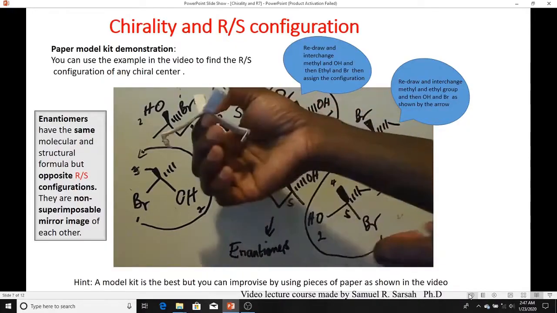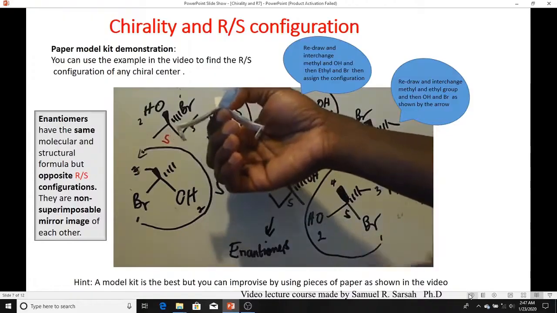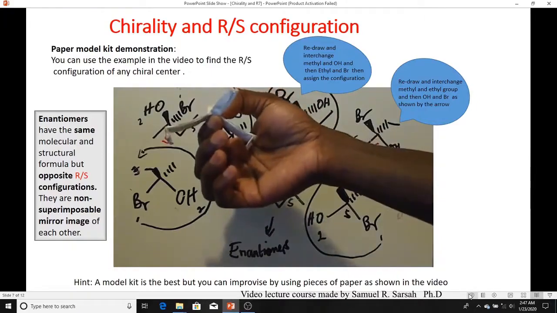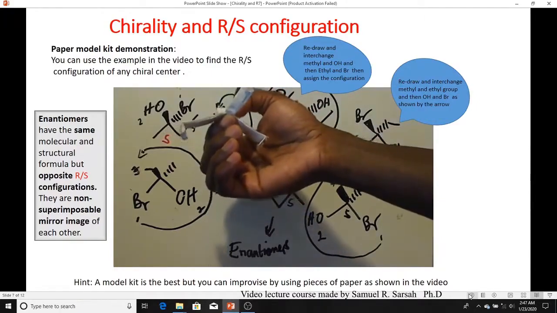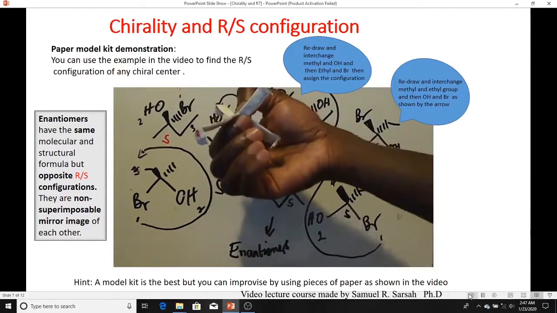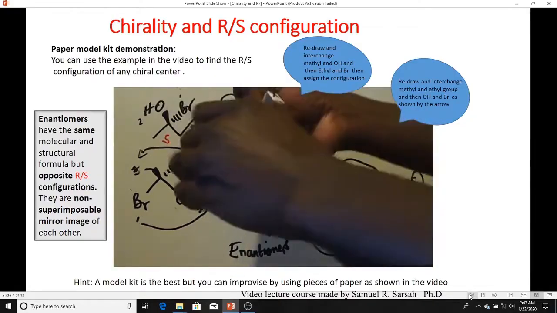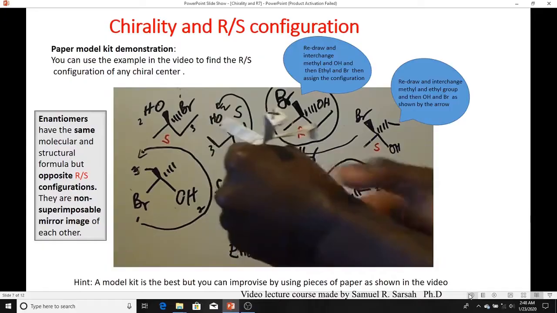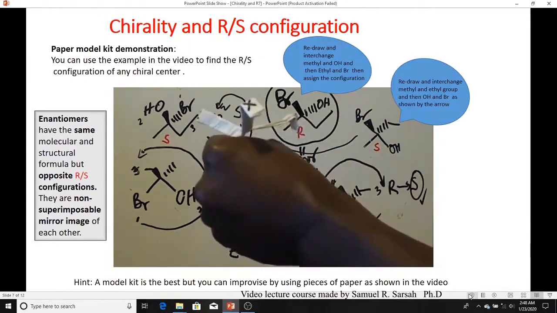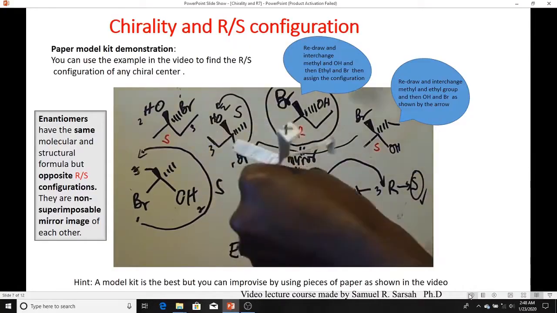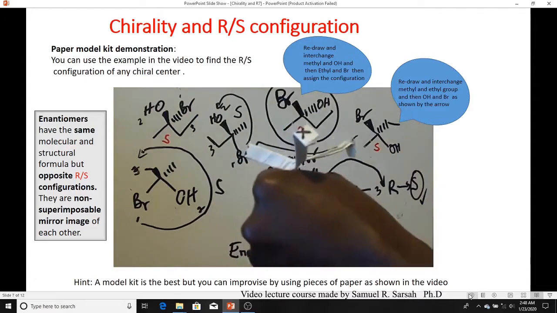So this holds on very well. Now if I want to assign the stereochemistry, all I need to do is look at my lowest substituent, which in this case is the Q, and then hold it like this. So now my lowest substituent is in my palm right here. I don't see it anymore. And then look at the three substituents that remain to be seen.